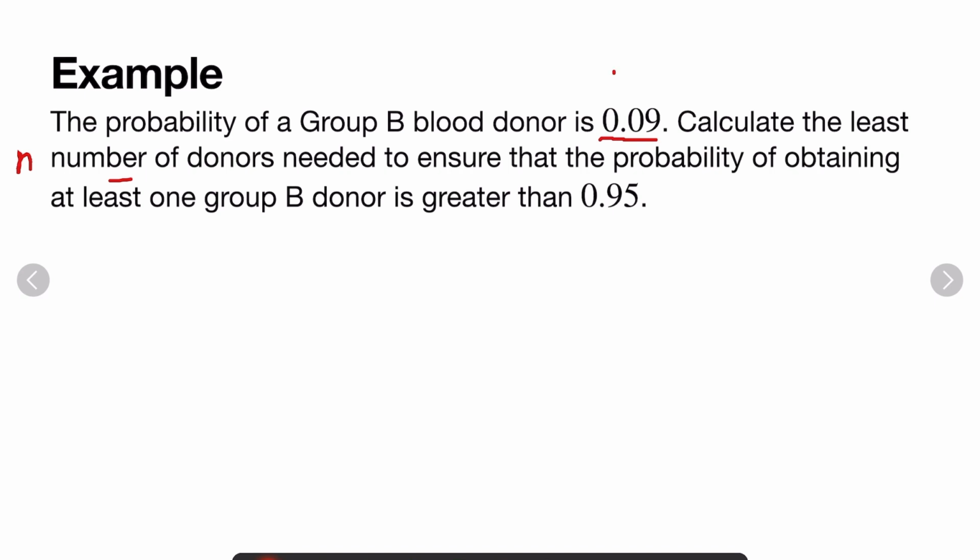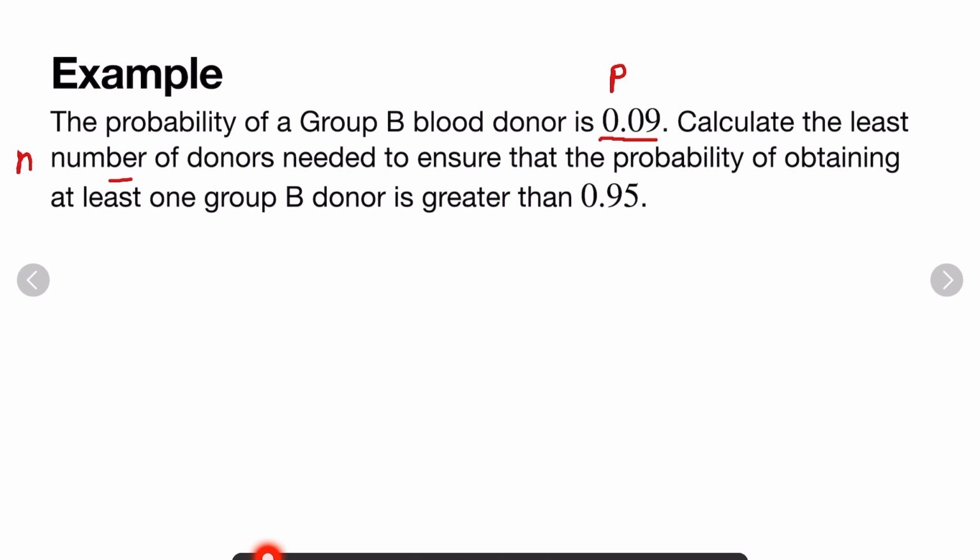It is probability. So nak jawab random variables ni, especially problem solving punya questions, you need to know what is your random variable. How do we know our random variables? Mana nak tahu? Okay? Tengok dekat sini. Look at this question. Probability of obtaining at least one group B donor.